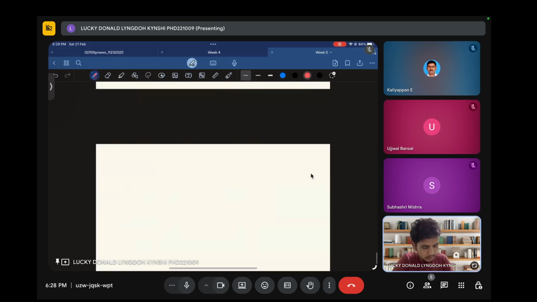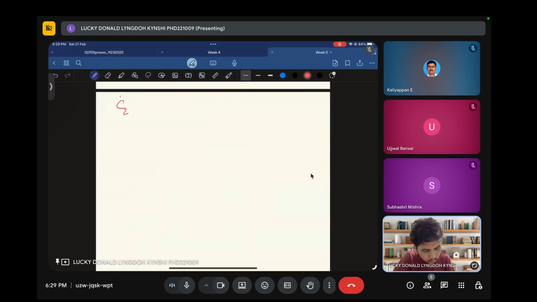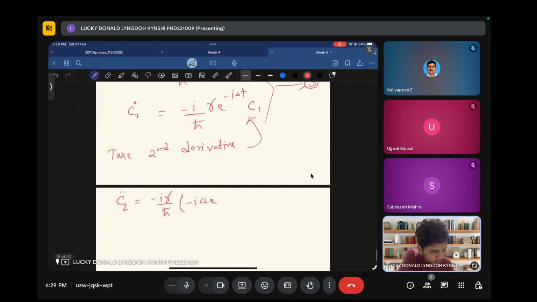So c2 double dot, where dot means dc2 by dt and double dot means d square c2 by dt square, is equal to minus i gamma by h cross minus i delta e to the power minus i delta t c1 plus e to the power minus i delta t c1 dot.